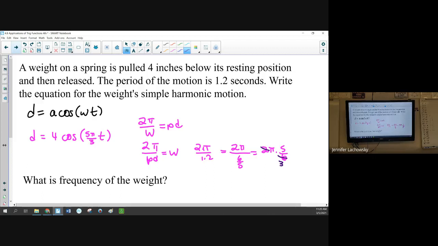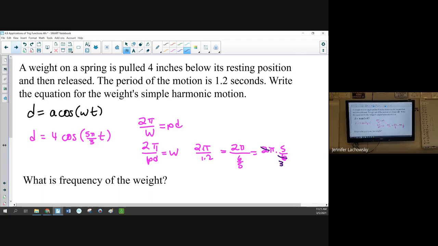I feel like frequency is how often it happens. Frequency is the rate of, per second, 1 period. Yeah, I feel like it's 1 divided by 1.2. But I want to make sure on that. Yeah, it's the amount of the cycle per time unit, per second.